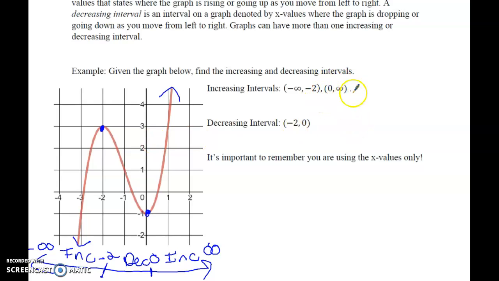And then from 0 to infinity, this part or this part. And then there's one decreasing interval from here to here. And it's going down here, -2 to 0, here, -2 to 0. Again, x values only. Super important, x values only.